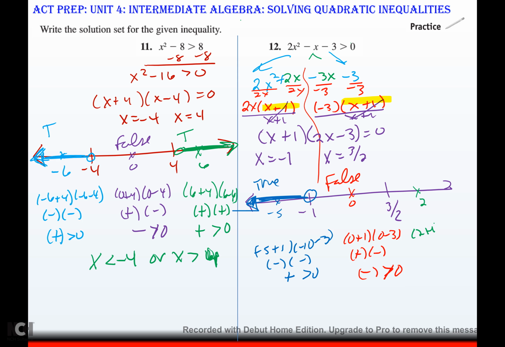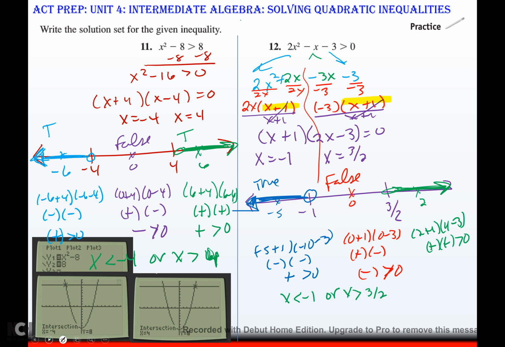So I'd have 2 plus 1 times 2 times 2 is 4 minus 3. That's a positive. That's a positive, which is always greater than 0. So this section is true with an open circle. So again, I would say that x is less than negative 1 or x is greater than 3 halves.